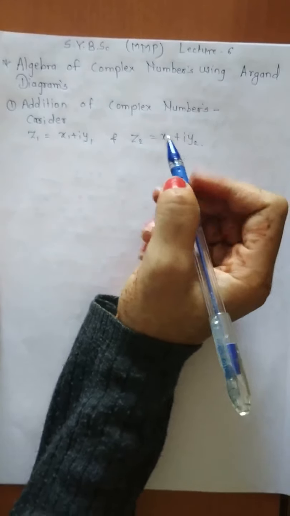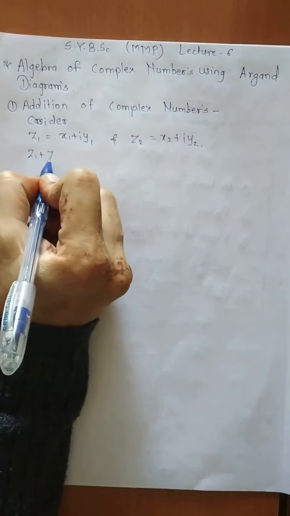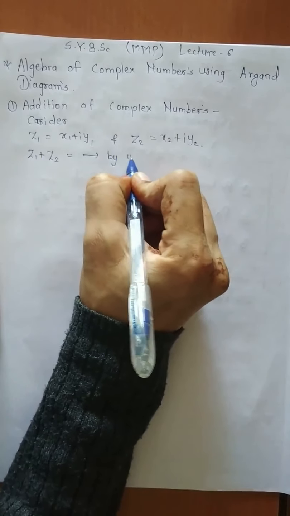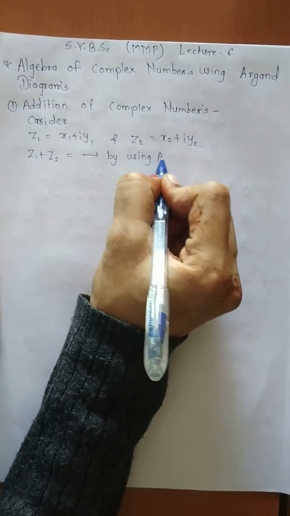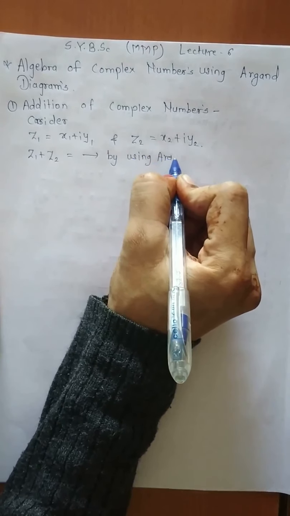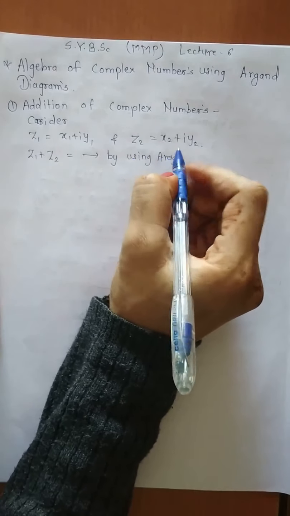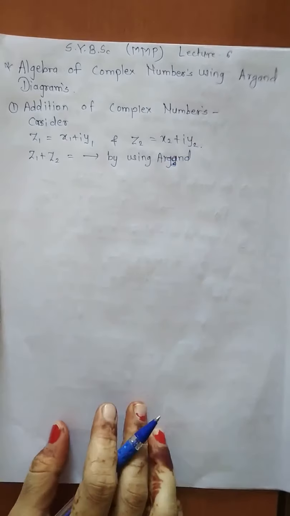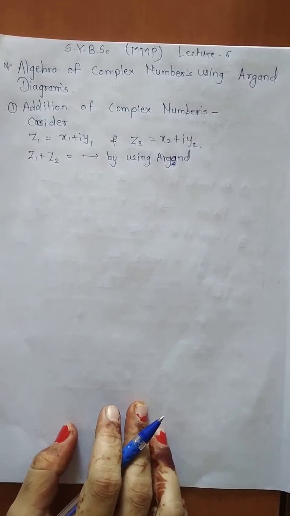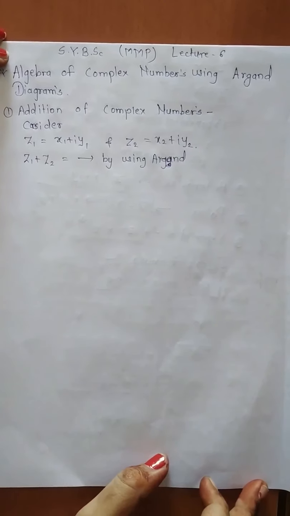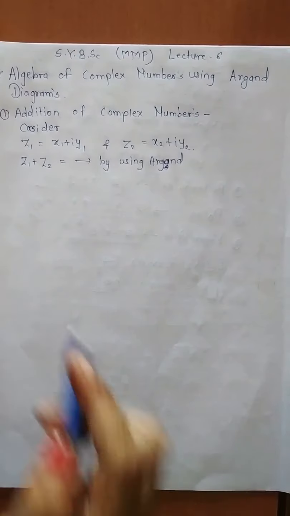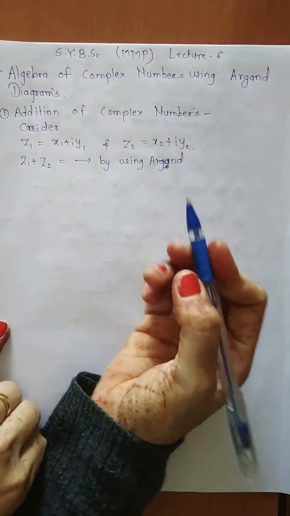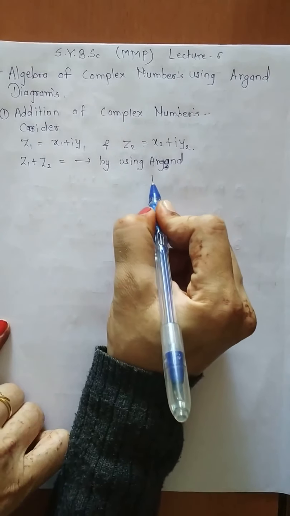Now we are going to perform the addition Z1 plus Z2 by using the Argand diagram. For this purpose, we will need the complex numbers represented on an Argand diagram. So we have to draw the Argand diagram for Z1 and Z2, and after that we will derive the addition of these 2 complex numbers.